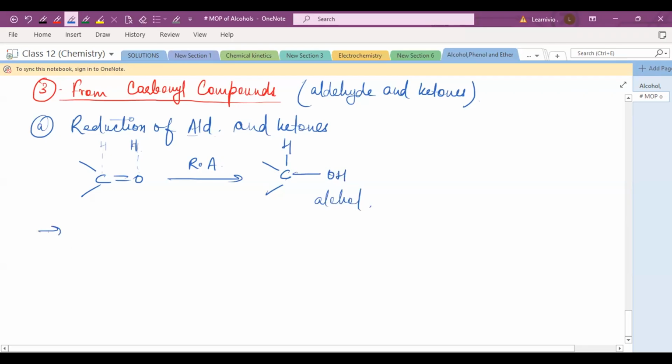Now see, aldehydes and ketones, they can be easily converted to alcohol using suitable reducing agent. And क्या क्या reducing agent हम use कर सकते हैं?